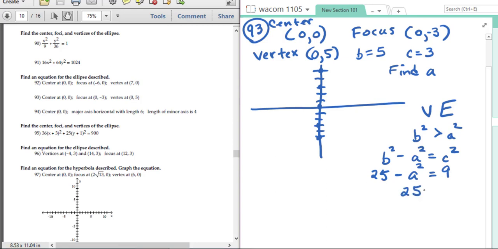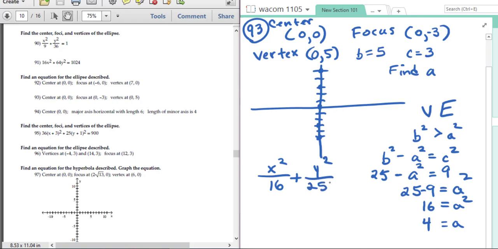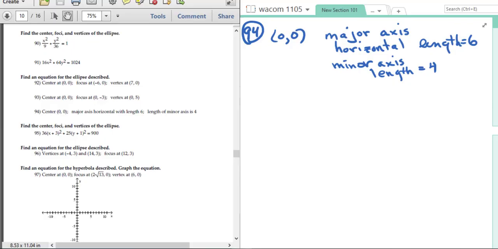So 25 minus 9 equals a squared, so 16 equals a squared. a will be 4. It is at (0, 0), so we're going to have x squared over a squared, which is 16, plus y squared over b squared, 25, equals 1.